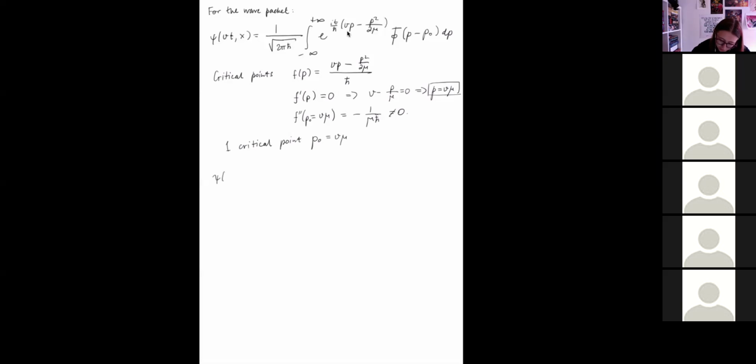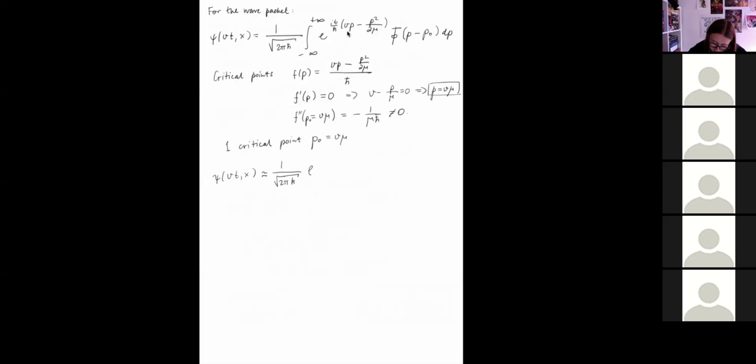Then we can use our formula and approximate psi, or rather the integral in the psi. So it would be 1 over square root of 2 pi h bar, because it's just a coefficient that was hanging there from before. Then we have the exponential of i f of k0, or f of p0, minus i pi over 4.